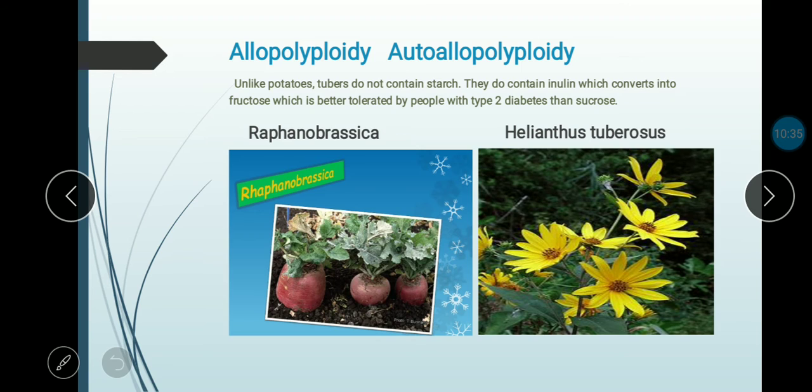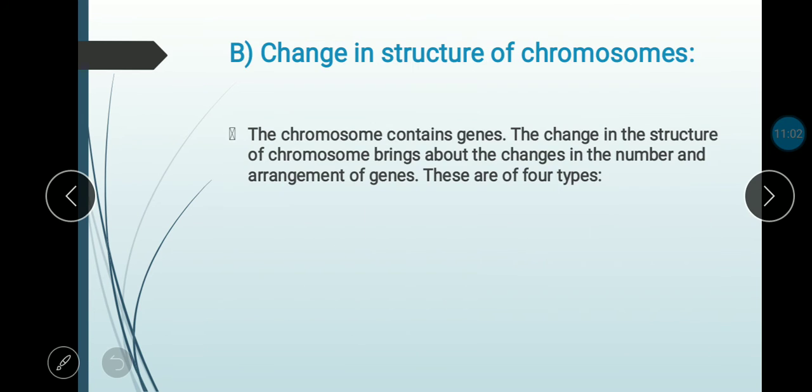You can observe the plant Raphanobrassica having radish genetic material as well as cabbage genetic material. Next one is Helianthus tuberosus. This plant is a sunflower-like plant, but tubers are formed after flowering, and it is useful for food purposes.